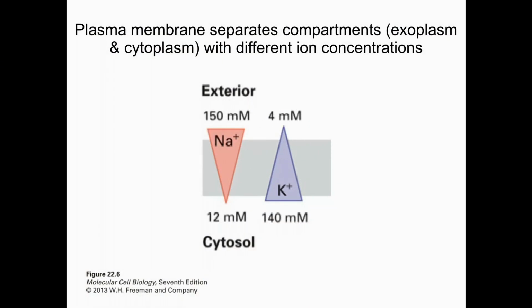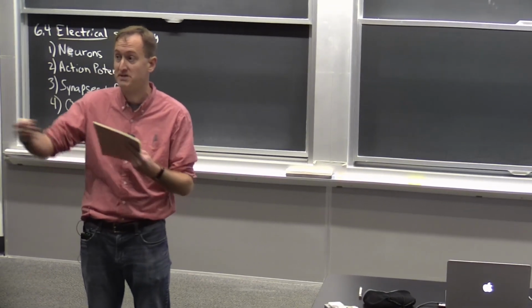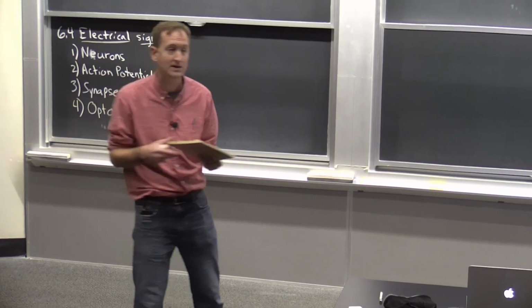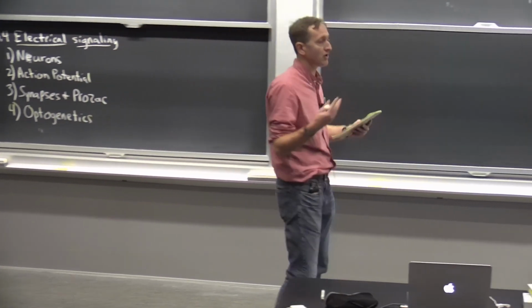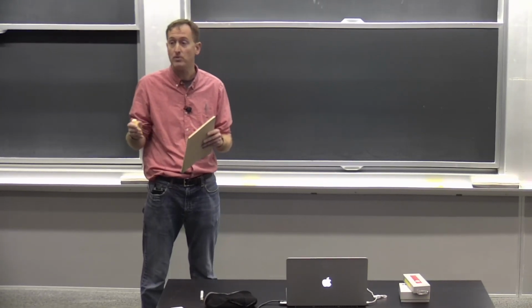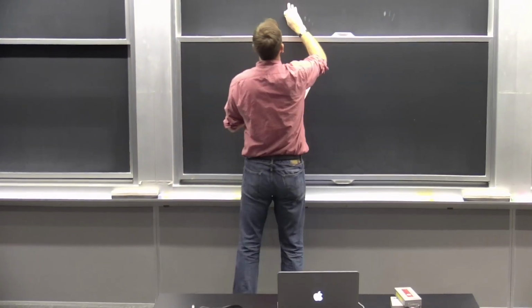And now I'm going to tell you how it is that this happens, because this is thermodynamically not favored, right? These ions would prefer, by diffusion, to be equal concentrations on both sides of this plasma membrane, which means that the cell, to shift this from equilibrium, has to expend energy to set up this situation.